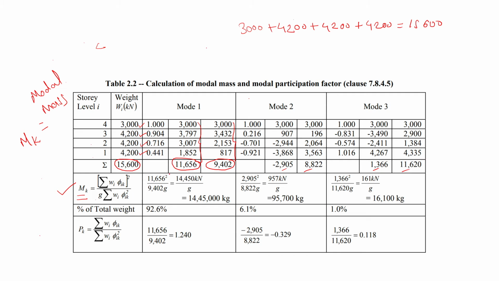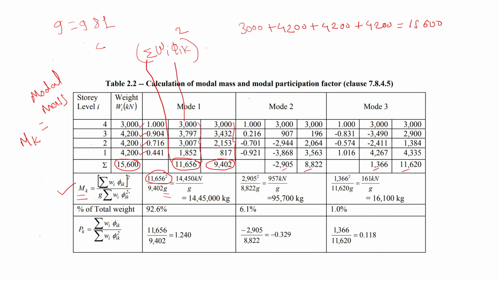We know that this column represents wi phi i, and this value represents the summation. So the only thing we have to do is square it. That's why we have done 11656 squared, divided by g. I have written as it is. g you can take as 9.81.